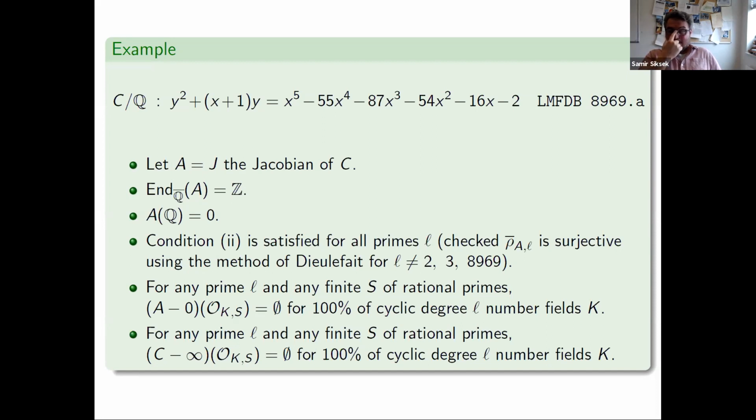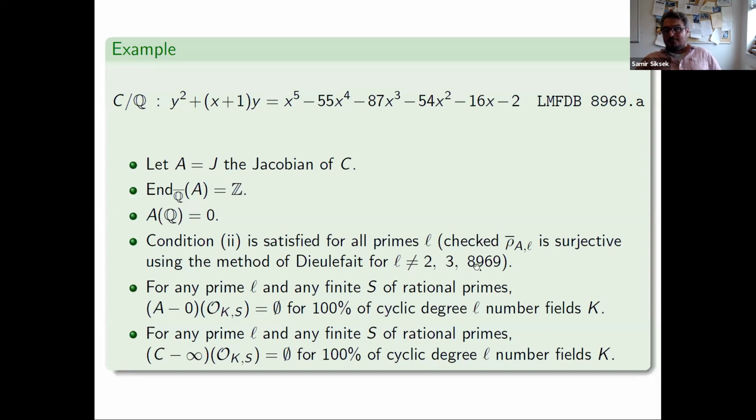Okay, there's an algorithm of Dieulefait to find the set of bad primes where the mod L representation might not be surjective, and this works better if you're semi-stable.